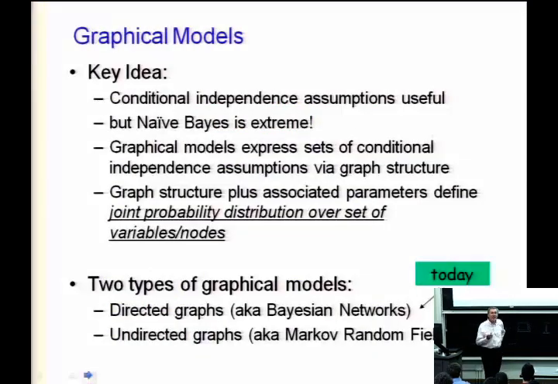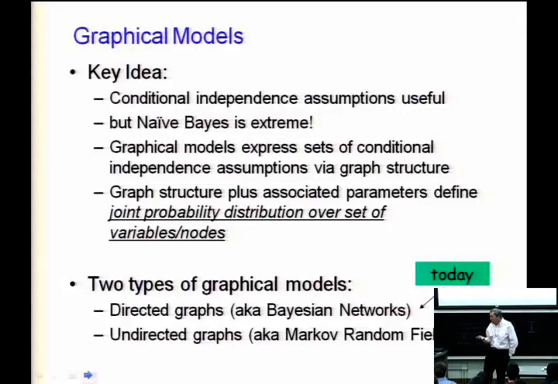But the key idea is this. It actually derives from what we've already discussed when we talked about naive Bayes. Remember, we motivated the idea of using naive Bayes because, number one, we wanted to use some kind of probabilistic basis for our learning system.